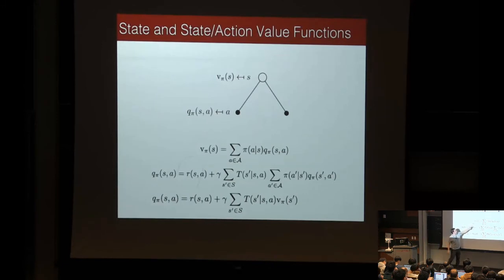This is the definition of the value of the state. This is the definition of the Q function. And this is just the write-up of the relationship. Once you plug this in here, you get this particular representation. So in other words, if you have access to the value of the state, you can compute the Q function on the policy pi.